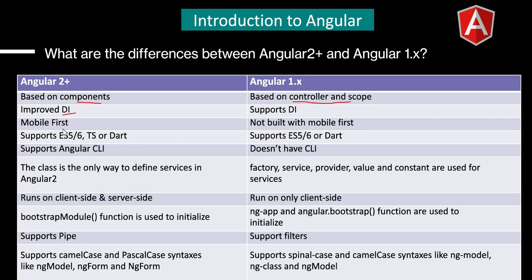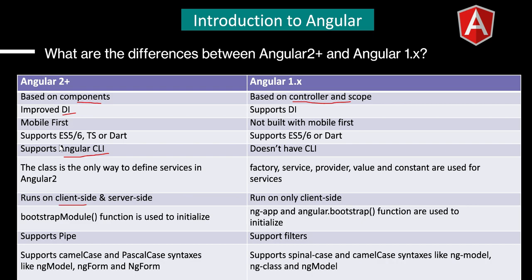Angular 2 plus is also a mobile first approach, but Angular 1 is not built mobile first. Angular 2 plus supports ECMAScript, and it supports the Angular CLI, which is very helpful. That we'll discuss later.